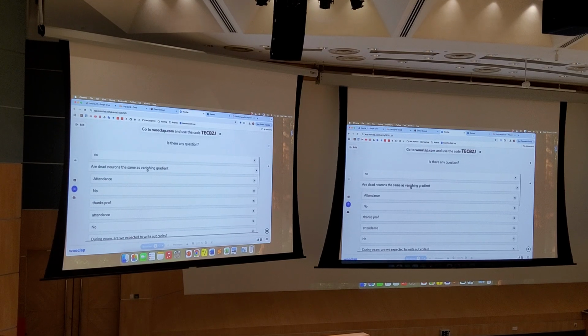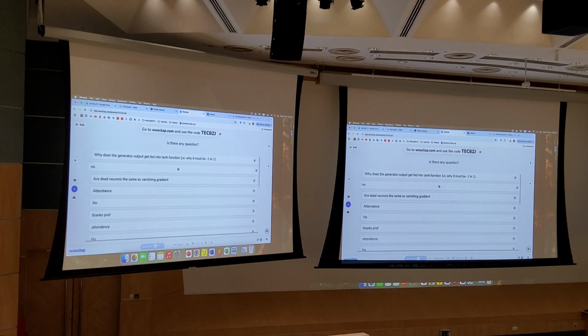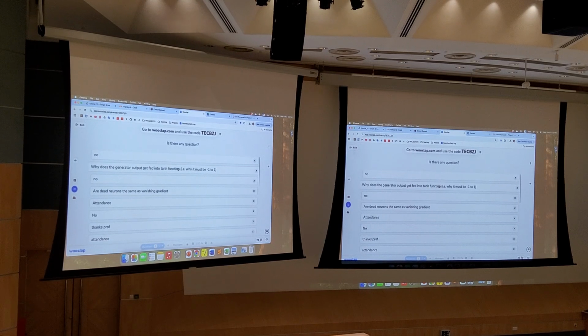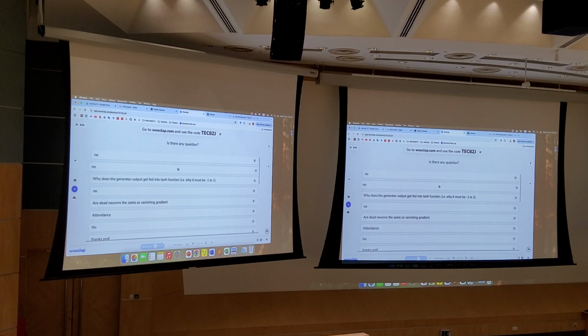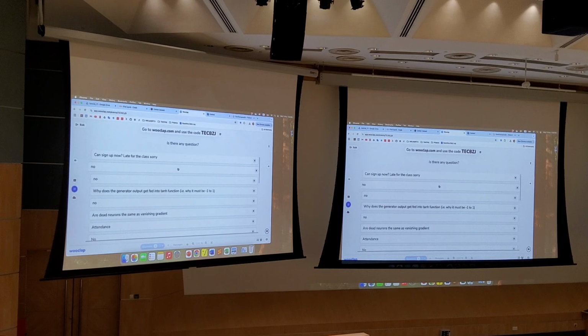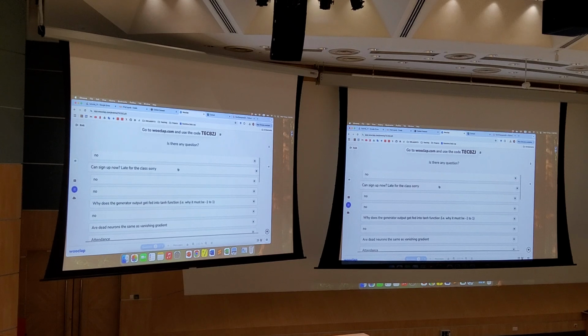Are dead neurons the same as vanishing gradients? It's related. Vanishing gradients means that you do not get good gradients, or gradients become too small to update the layers, especially those layers at the bottom.